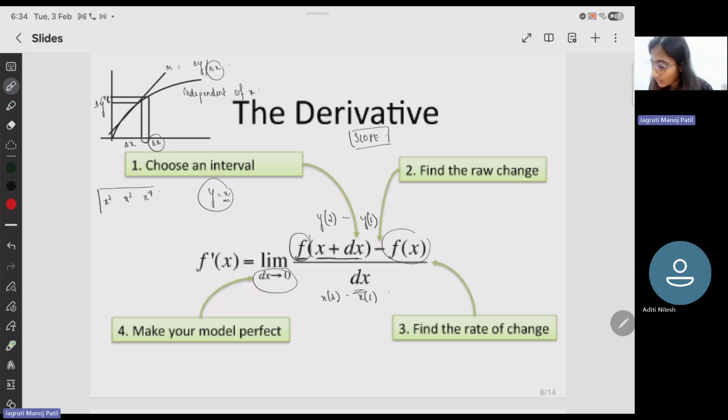If you do it for these particular curves, these are nothing but non-linear. So for non-linear curves, your derivative is always non-zero, and again dependent on x.